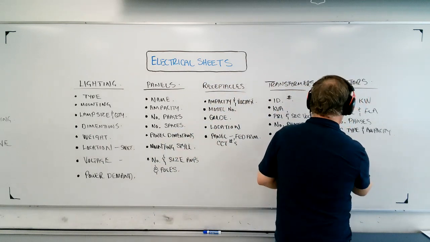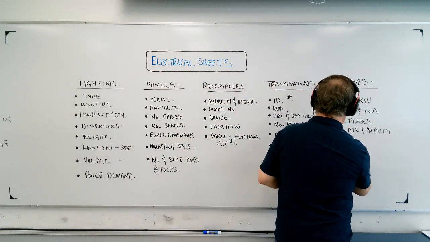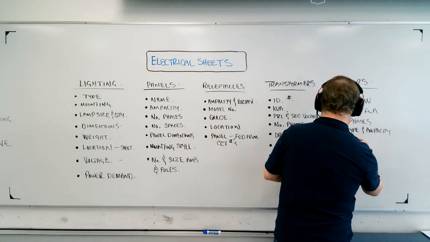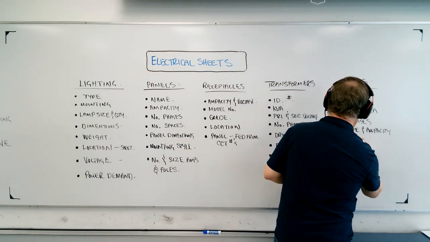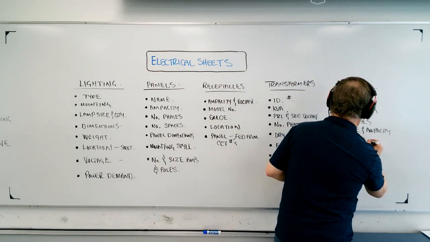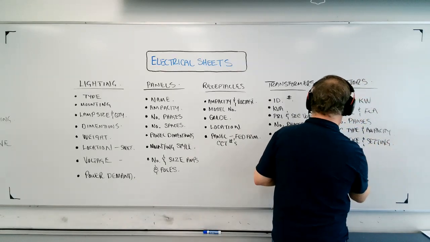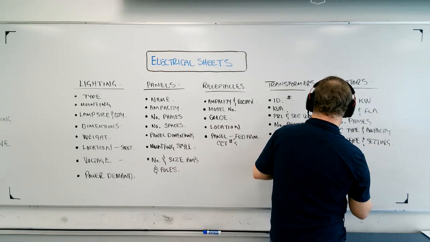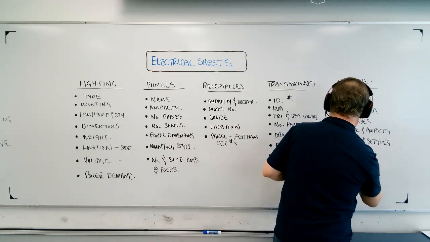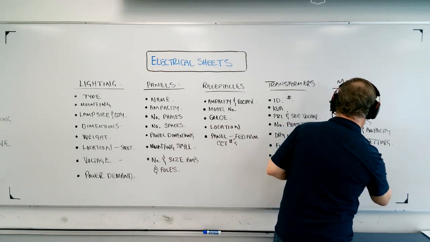Now, overload. So we're also going to include in the schedule overload type and setting. So how many amps will it be set for? And location. Where are these motors located?